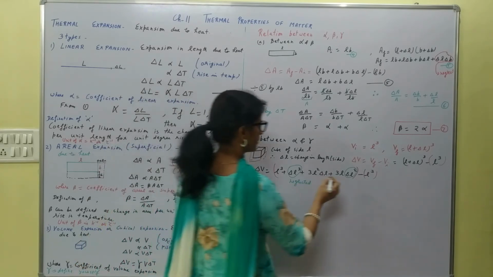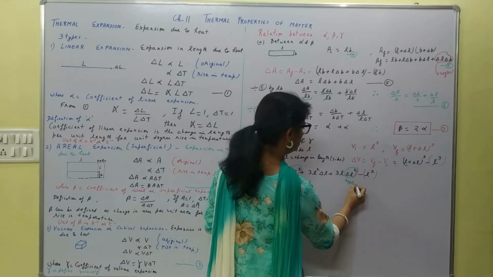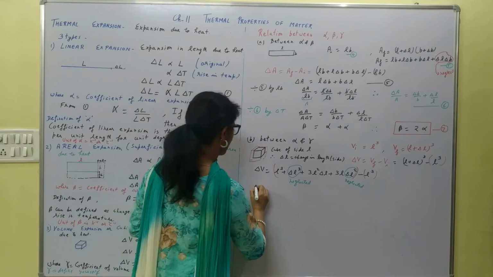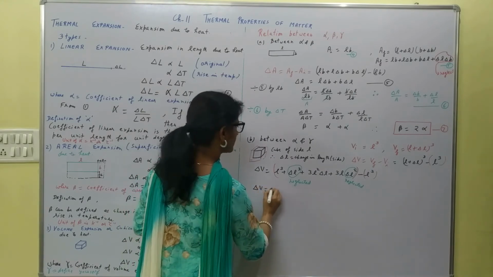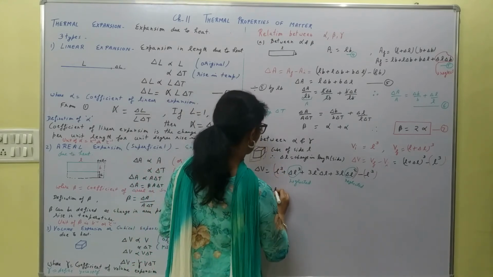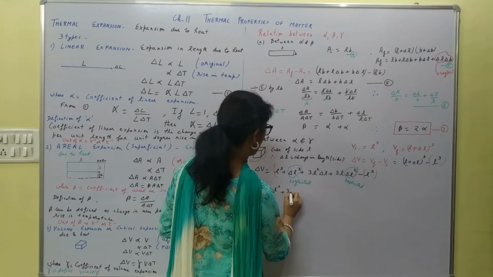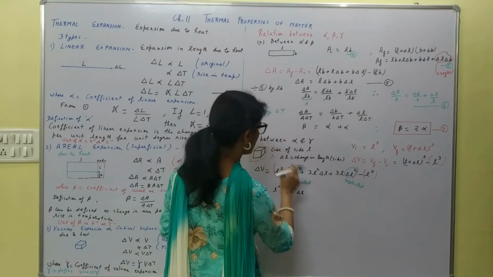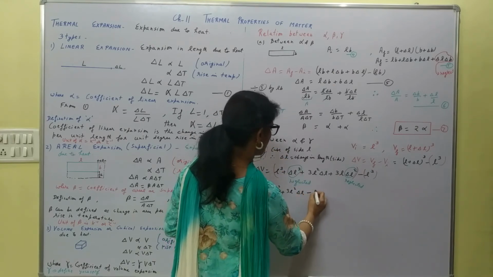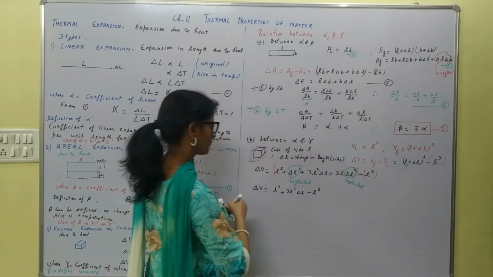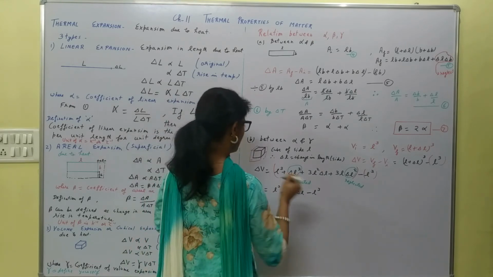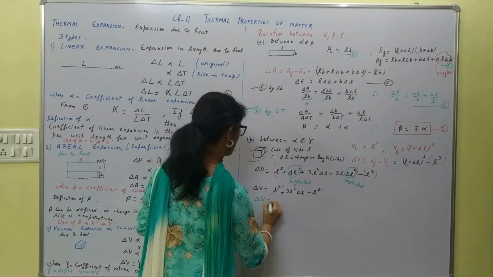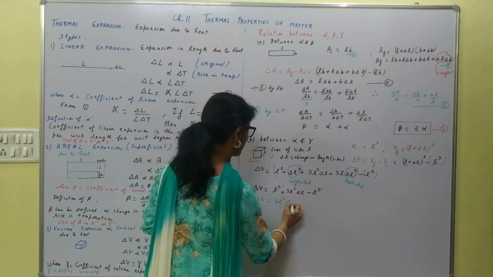So these are smaller, so this is also neglected. So if we solve it, what will we get? Delta V is equal to L cube plus 3L square delta L. This we have neglected, this we have neglected, minus L cube as it is. So this will be cancelled. So our delta V is actually 3L square delta L.